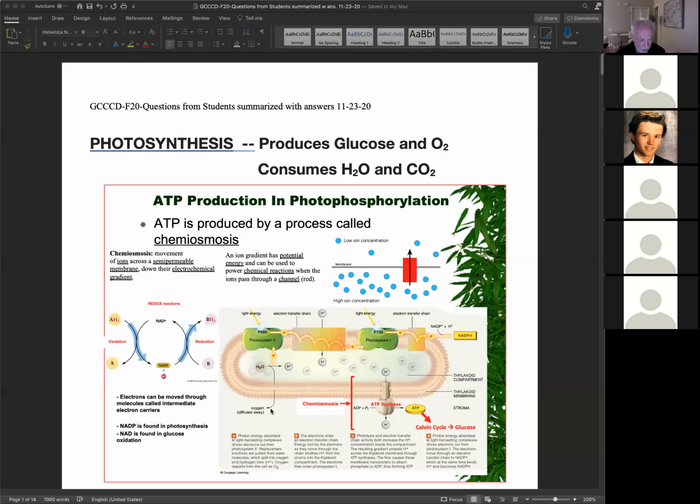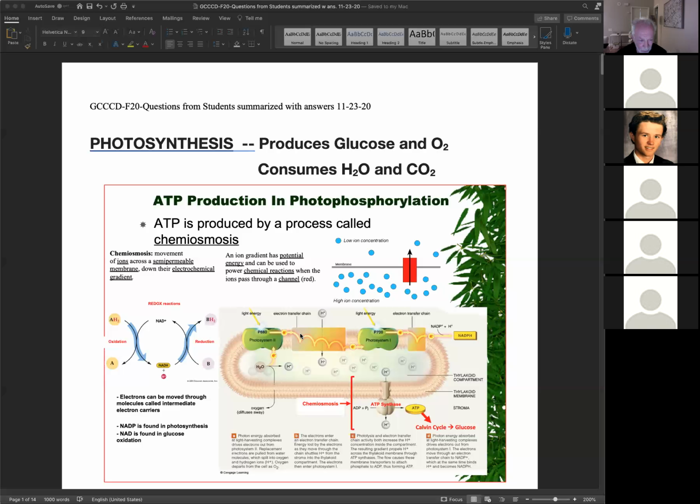The oxygen goes off as an oxygen molecule, O2, and the hydrogen, rather than joining with a proton to make a hydrogen atom, the electron goes into photosystem 2, and it's highly energized, and so it enters an electron transfer chain.